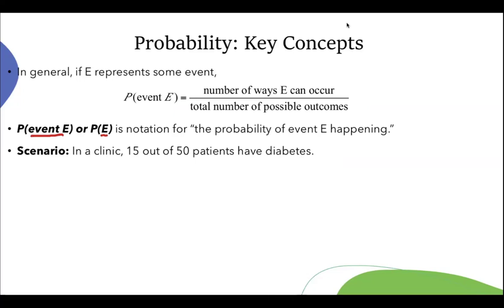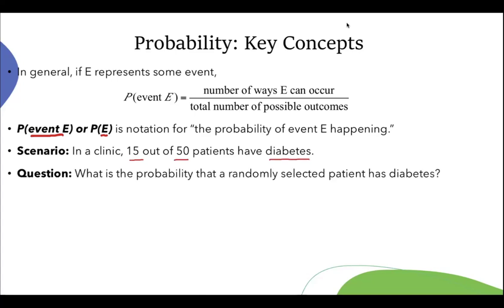So let's look at a basic example. In a clinic, 15 out of 50 patients have diabetes. What is the probability that a randomly selected patient has diabetes? So if you have 50 patients in total and 15 have diabetes, if you close your eyes and randomly select one of those 50 patients, the probability that the patient will have diabetes is this ratio up here, the number of ways E can occur over the total number of possible outcomes.